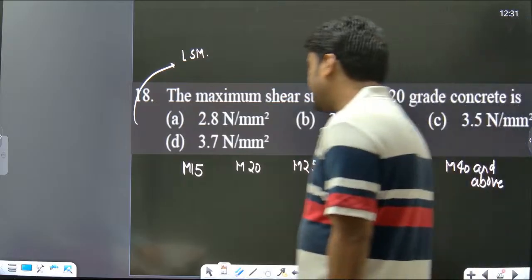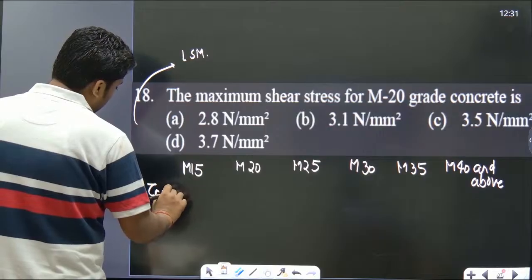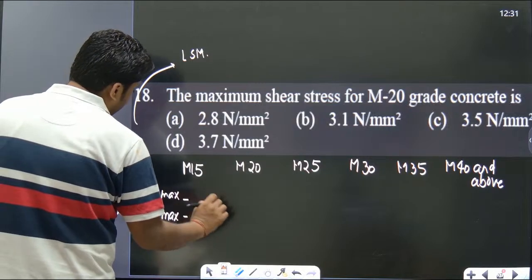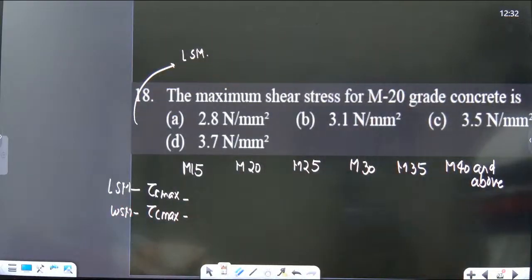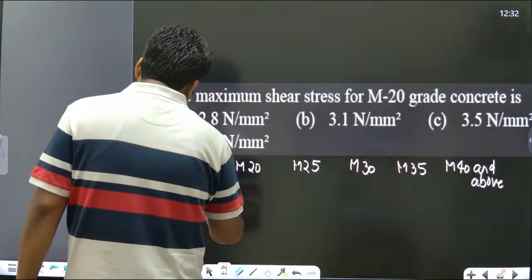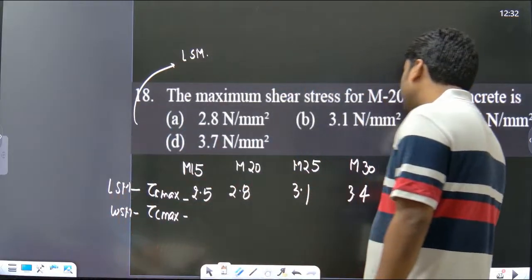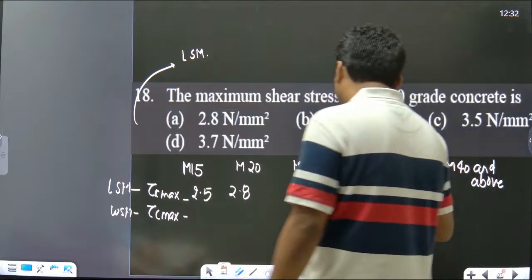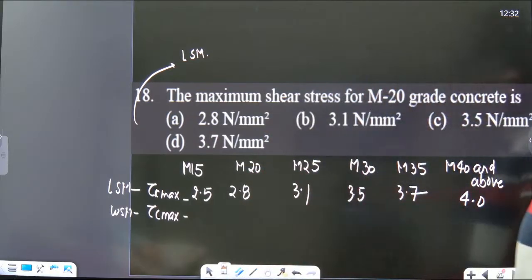These are the LSM values for tau C max, and for WSM the values for tau C max are different. The values are 2.5, 2.8, 3.1, 3.5, 3.7, 4. So these are the values for LSM.